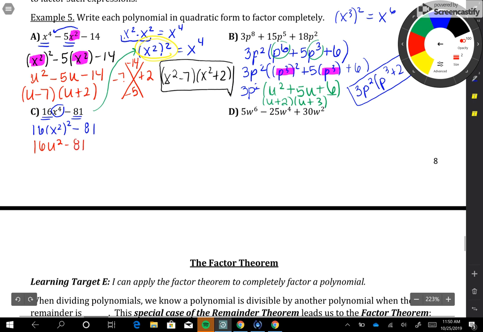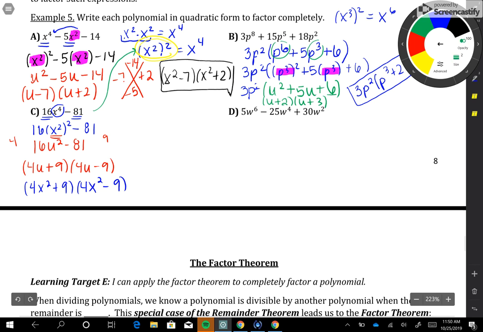So using the u and knowing the square root of 16 is 4 and the square root of 81 is 9, you will have 4u plus 9 times 4u minus 9. And then let's put back in our x squared, since it wasn't really a u in my original. So 4x squared plus 9, and then 4x squared minus 9.